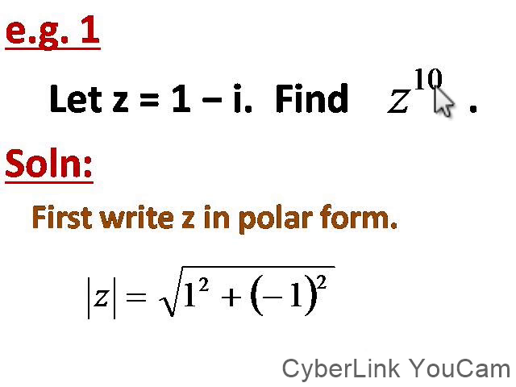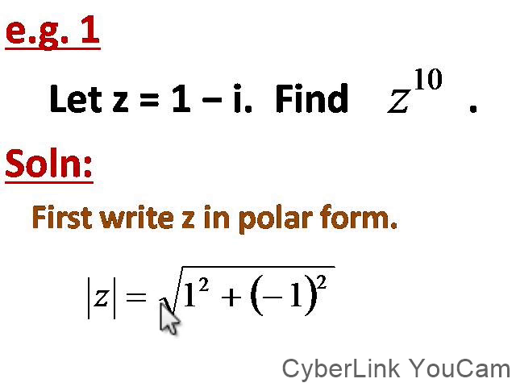So if we know the formula, you just have to convert z equal to 1 minus iota into polar form. How will you convert? First of all, mod z is equal to the square root of 1 squared plus (minus 1) whole squared. We all know this formula is the square root of a squared plus b squared, where a is the coefficient of the real part and b is the coefficient of the imaginary part.